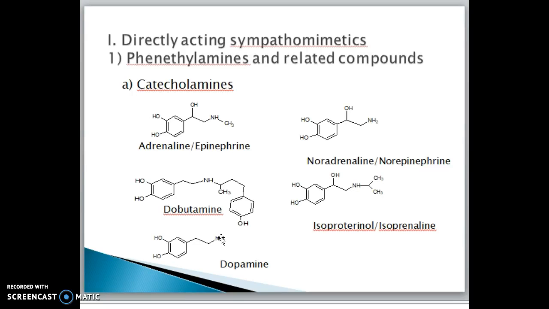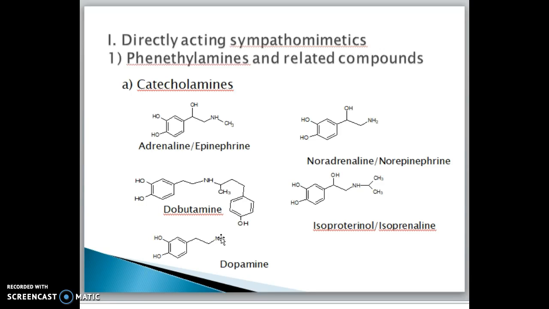Under catecholamines, we can see natural as well as synthetic agents. Natural agents are adrenaline, noradrenaline, and dopamine, and then synthetic catecholamines are dobutamine and isoproterenol, out of which isoproterenol, also called isoprenaline, is considered the prototype of catecholamines under directly acting sympathomimetics.